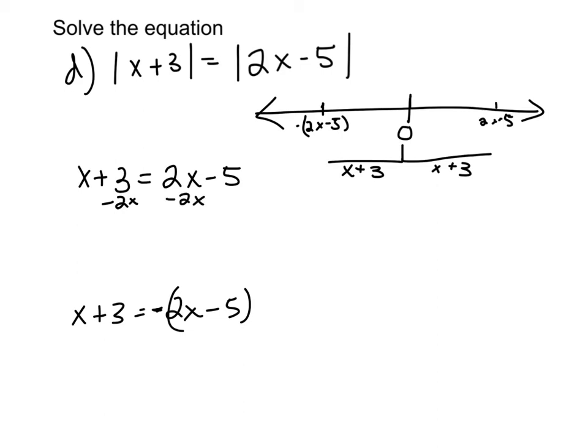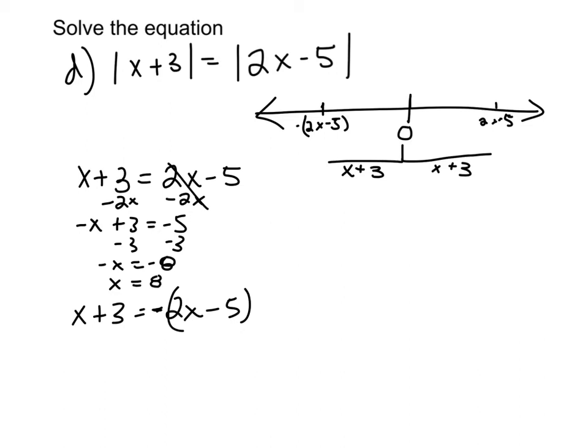So I'll have, let's see, x minus 2x is negative x, right? And then plus 3 equals, well, this cancels, negative 5, minus 3 from both sides, negative x equals negative 8, not 6, 8, right? And then divide both sides by negative 1, and you get x equals 8.